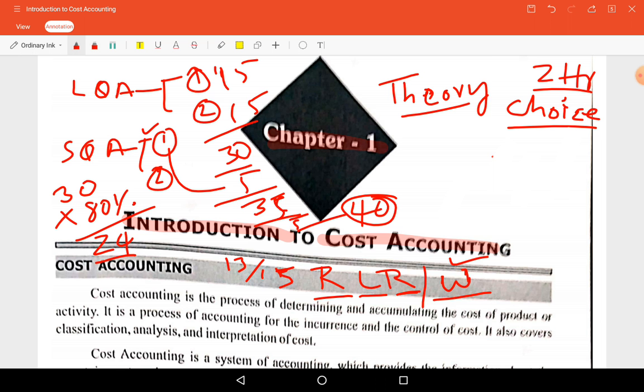So please remember one thing: read first, learn it, revise it, write the answer. That is enough. Sometimes by your presentation you will get 15 out of 15.